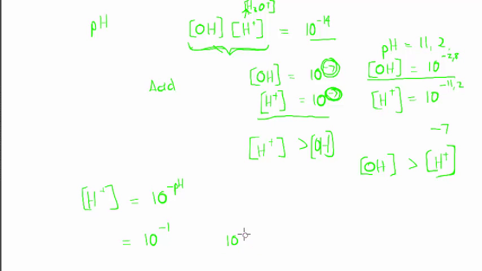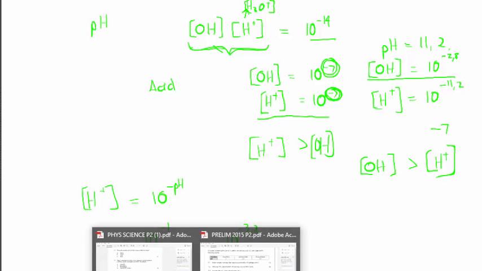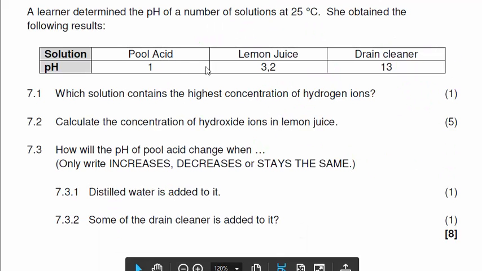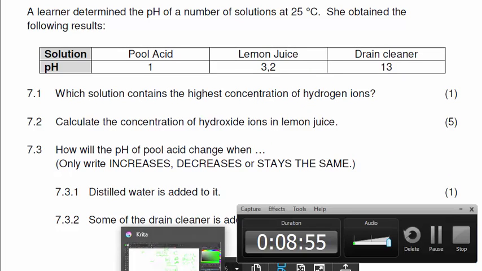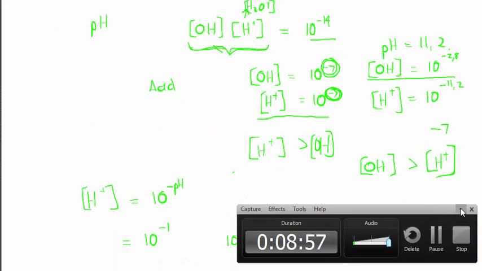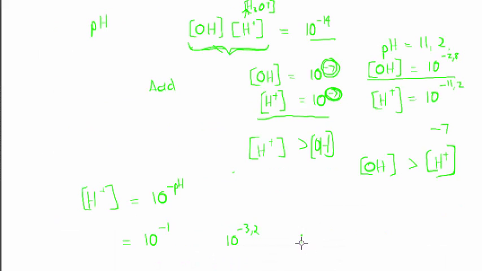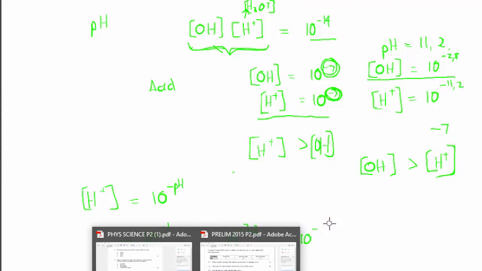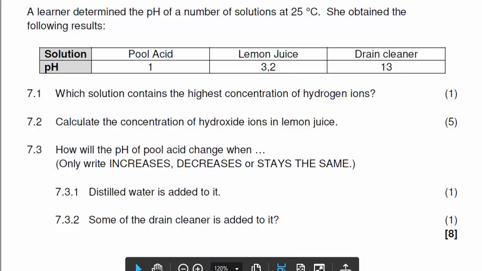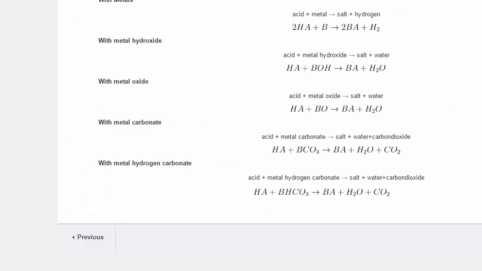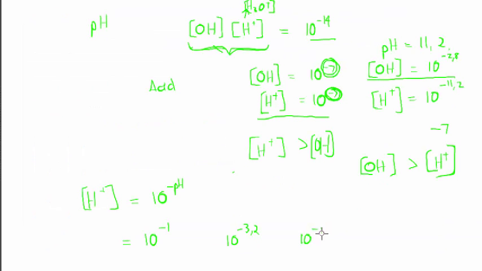Lemon juice was 10 to the power of -3,2. The drain cleaner is 10 to the power of negative, what was that? 13. -13.